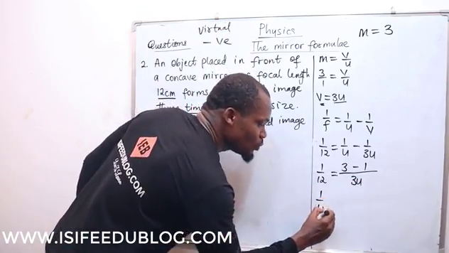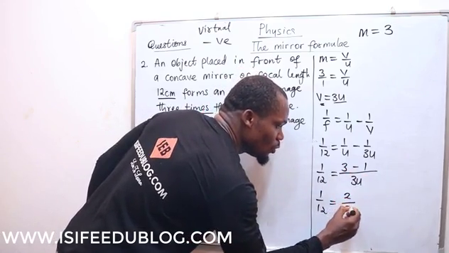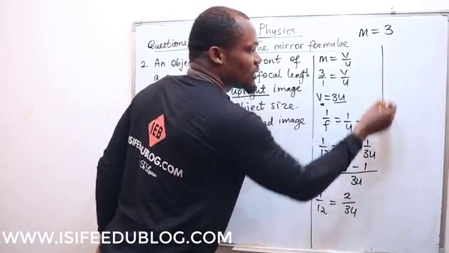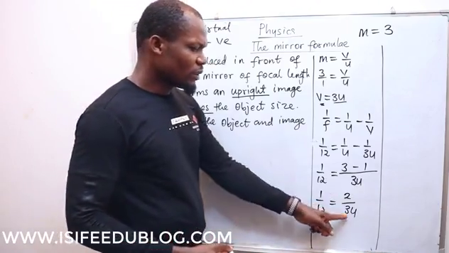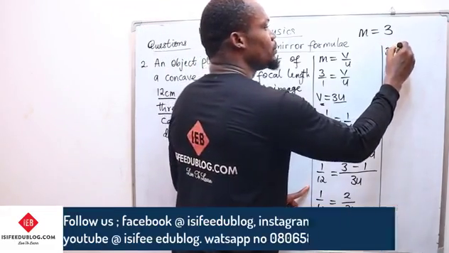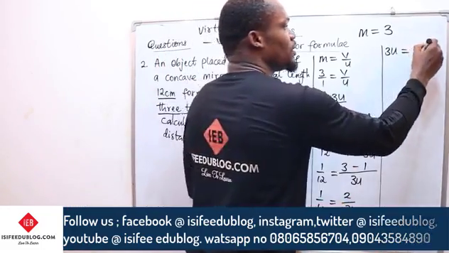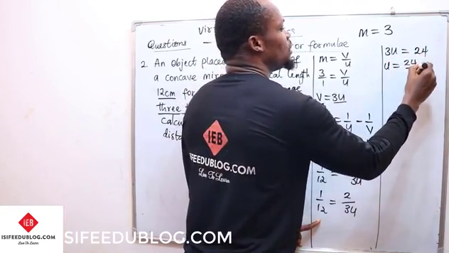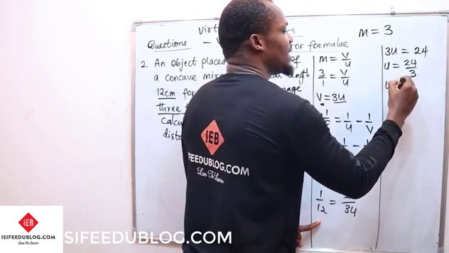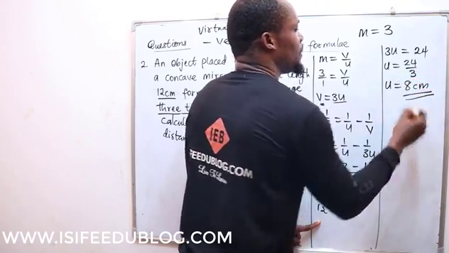So 1 over 12 gives us 3 minus 1, 2 over 3u. What are we going to do here? We cross multiply. 3u times 1 is 3u. This equals 2 times 12, which gives me 24. So u is equal to 24 over 3, and hence the object distance is 8 cm.